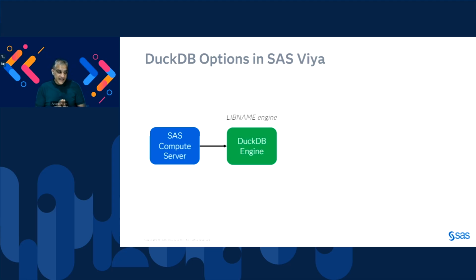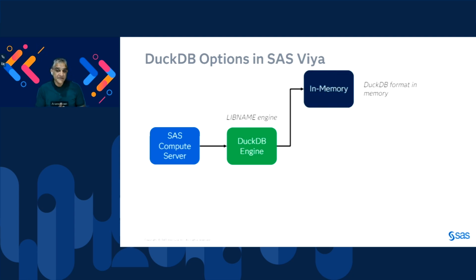The DuckDB LIBNAME engine has 3 different targets that it can work on. The first target is in-memory format, which is ideal for performing small ad hoc analysis, where if you are materializing small results from aggregation, for example, you can use in-memory format where you don't really have to specify a destination on a file system to store your data sets.